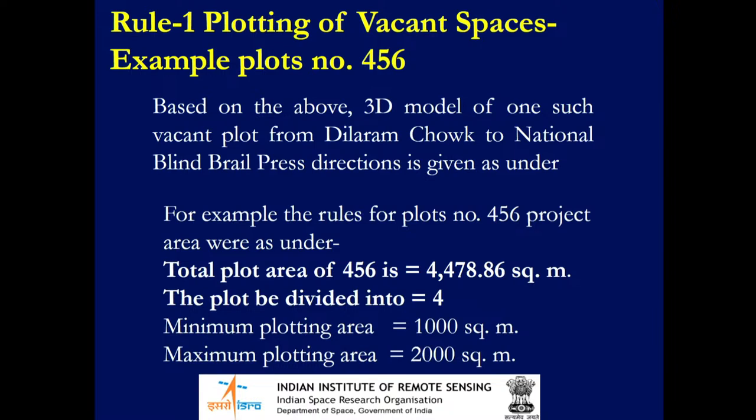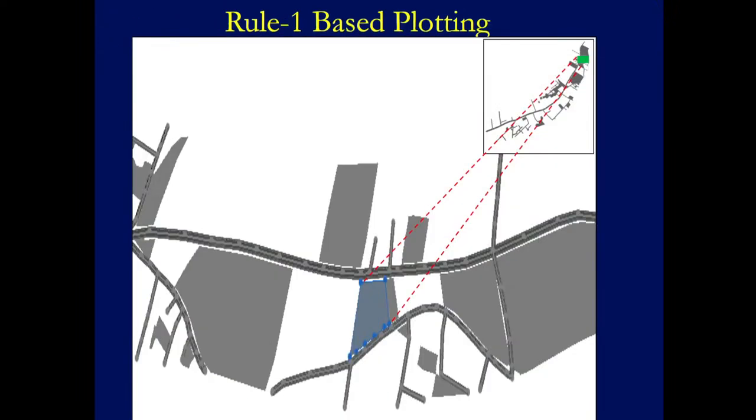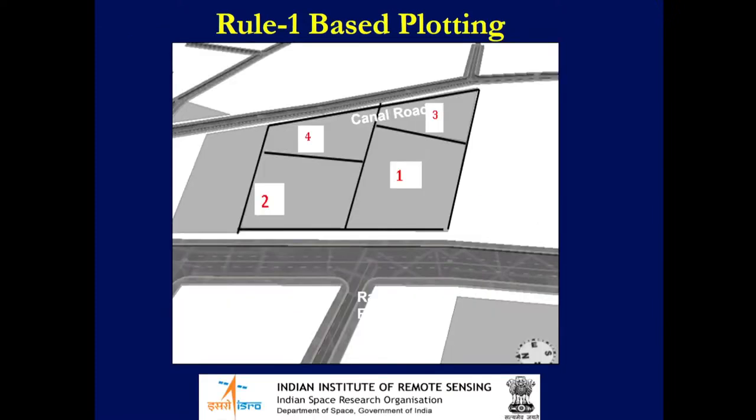So based on that we could find out that there are a few places which can have a particular plot area, and considering the development constraints and the earlier distribution of different land use types, we can put those constraints and see that a piece of land can be available there. So what kind of conversion is possible? In this case that piece of land can be converted into 4 different pieces, considering all the shape-wise constraints.